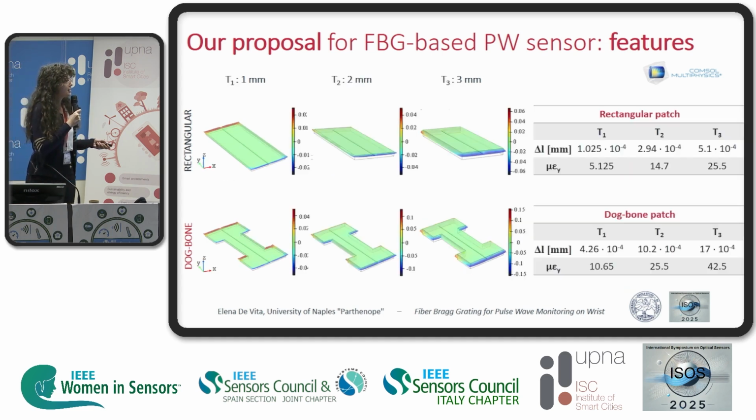And the results show that if we increase the thickness and decrease the central area, which contains the FBG and is in contact with the blood vessel, we can have a higher pressure sensitivity. So we selected the dog bone patch.